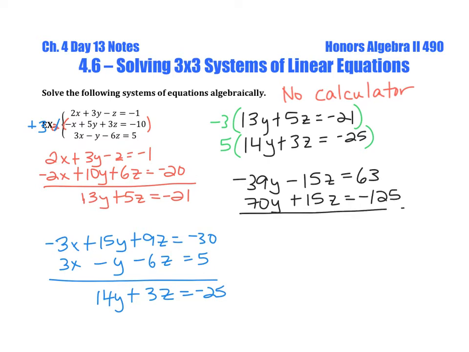All right, if I add those together, I will get 31y, the z term goes away, is equal to -62. If I divide both sides by 31, I get y is equal to -2. All right, so finally, after all of that, I've gotten somewhere. In other words, I have gotten the y value solved for.